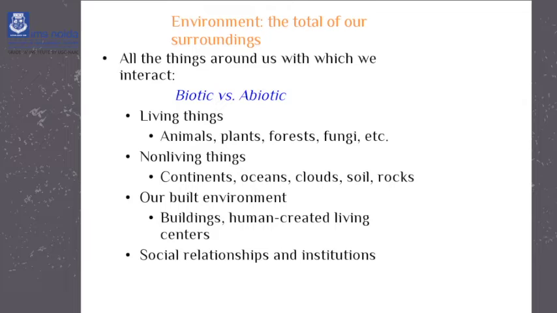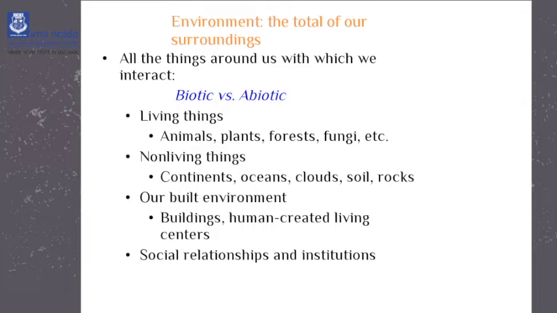It is derived from the French word environner, which means surrounding or encircle, and all the things around us with which we are interacting, that is, physical factors or biological factors.